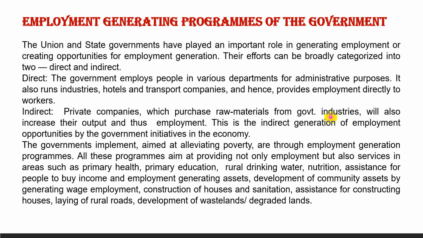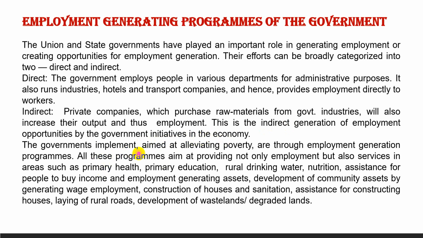As government industries expand, the private companies also expand, and therefore they will need to increase their output, and thus employment increases. This is indirect generation of employment opportunities by the government initiatives in the economy.